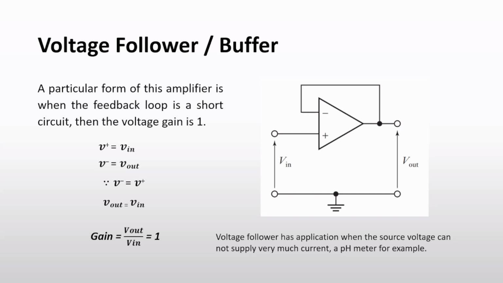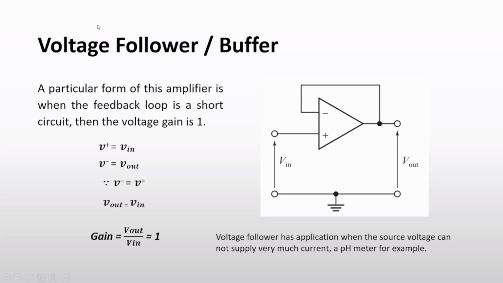By this voltage follower we can remove interference or noise also. These are the two advantages that we can obtain from the voltage follower. One is that we can isolate the circuit, as well as remove the noise.